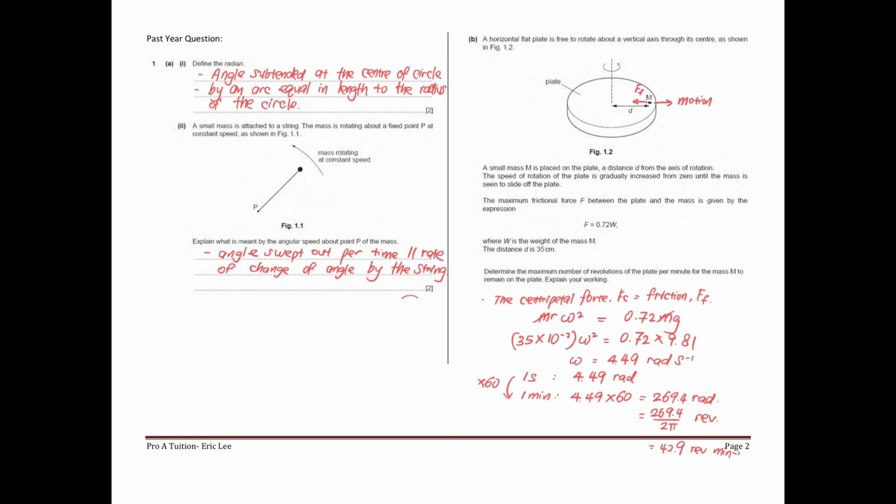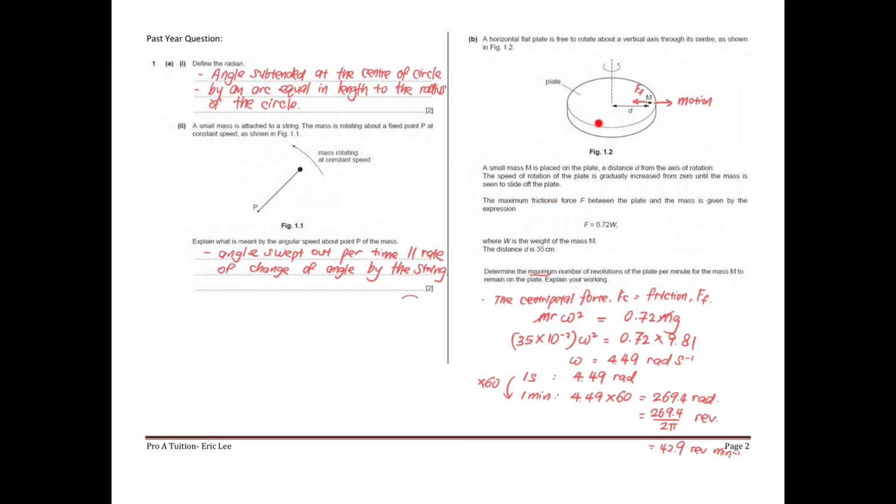If you are wondering about this particular point, maximum number of revolutions, especially maximum: the way we understand it is that the plate is rotating at maximum angular velocity, and at that time it will have maximum frictional force.